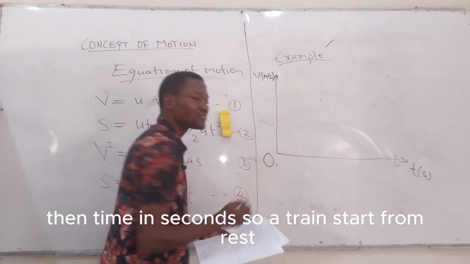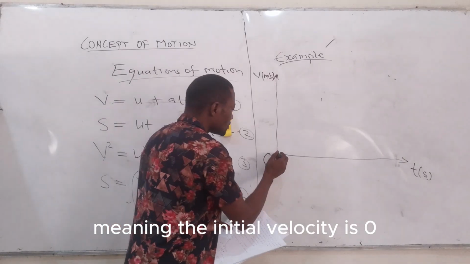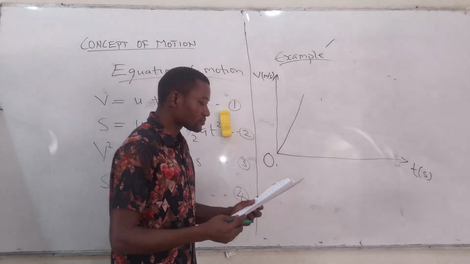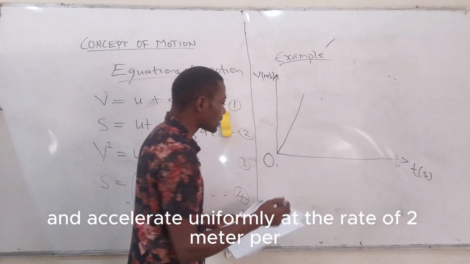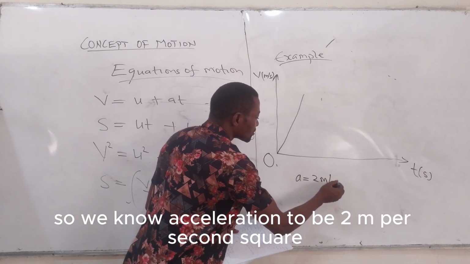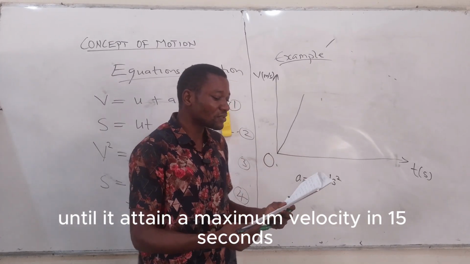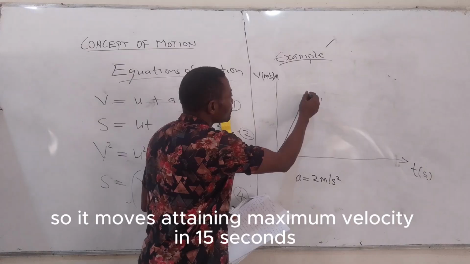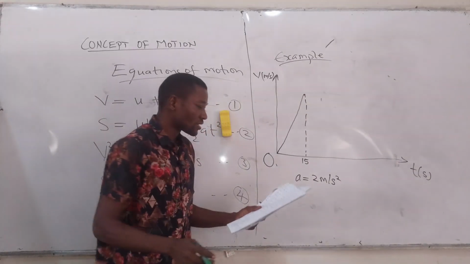A train starts from rest, meaning the initial velocity is 0. Start from rest, move gradually, and accelerate uniformly at the rate of 2 meters per second squared. So we know the acceleration to be 2 meters per second squared. We shall be using that until it attains a maximum velocity in 15 seconds.